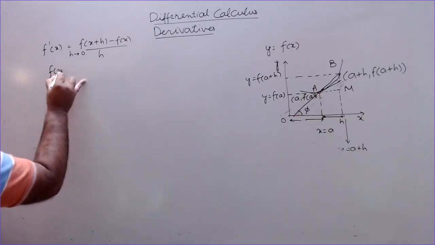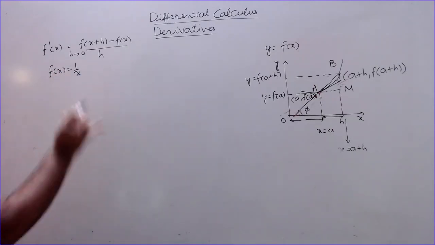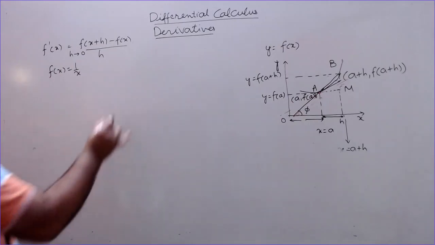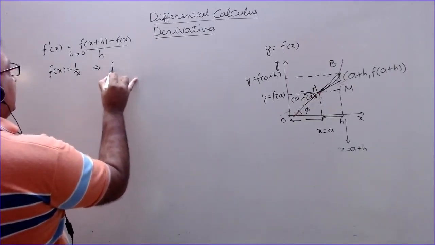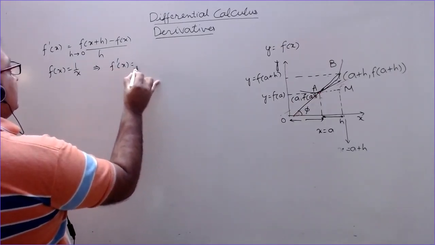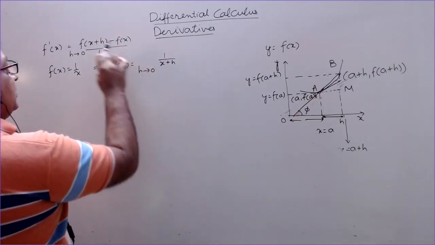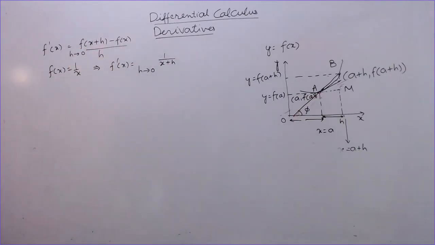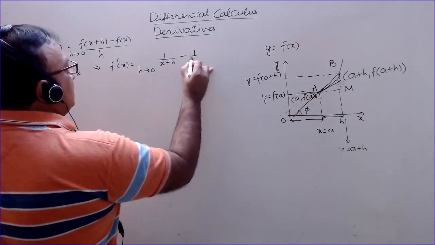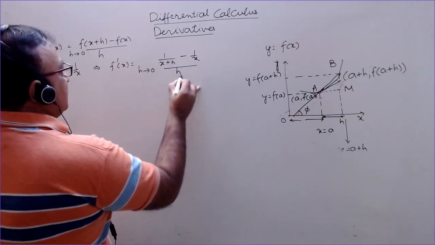Let us take f(x) equal to 1 by x. So I can write f'(x) as the limit as h tends towards 0 of 1 over x plus h. Here, in place of x, write x plus h in the function. So 1 divided by x plus h minus the original function 1 by x, divided by h.